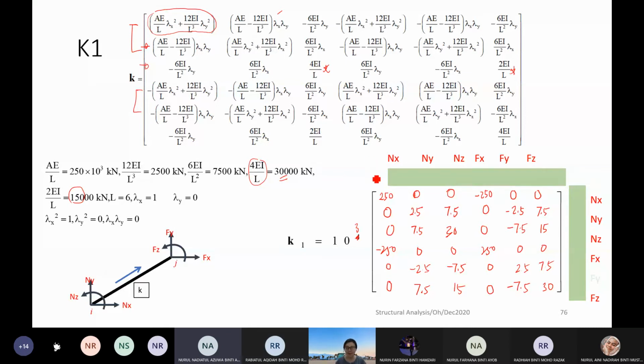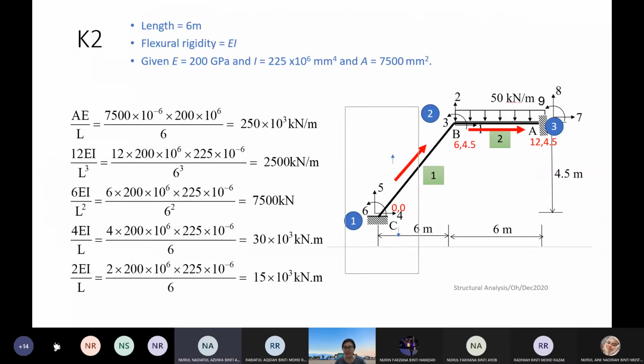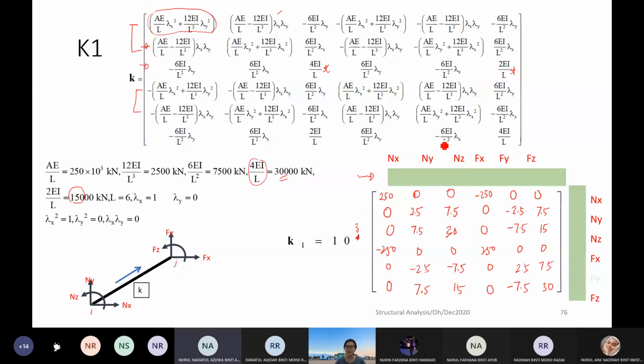How about the naming of this one? Maybe we need to go back to look at our element numbering. Can you provide the numbering? 1, 2, 3, then 7, 8, 9. Yes. 1, 2, 3, 7, 8, 9.